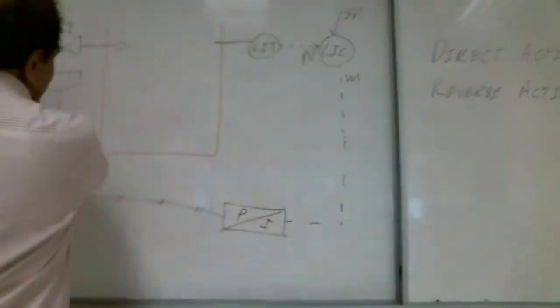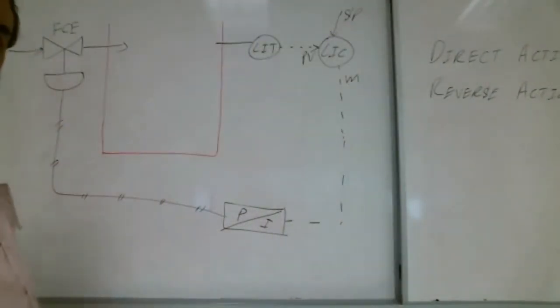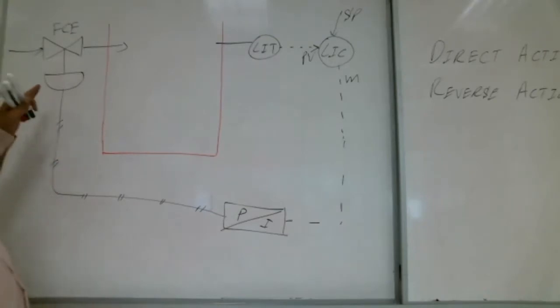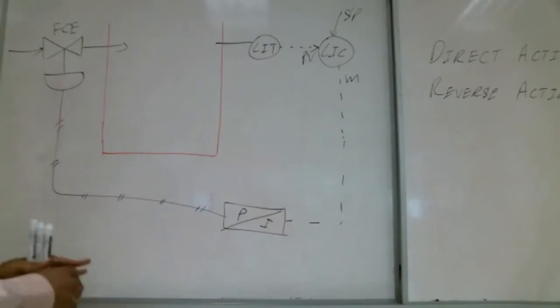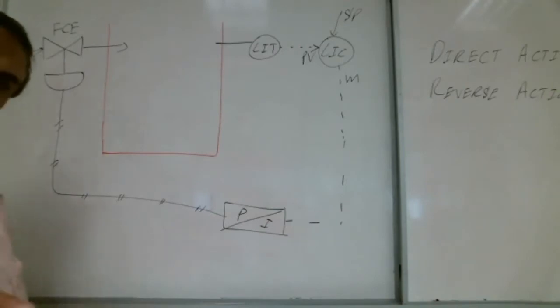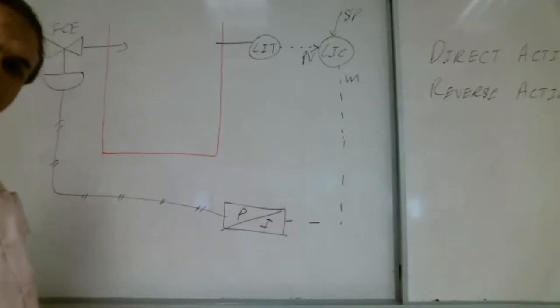So the type of the valve is not mentioned. If the type of the valve is not mentioned, this loop is not complete at all. Imagine the valve in your kitchen or your bathroom. Is it normally open or normally closed?